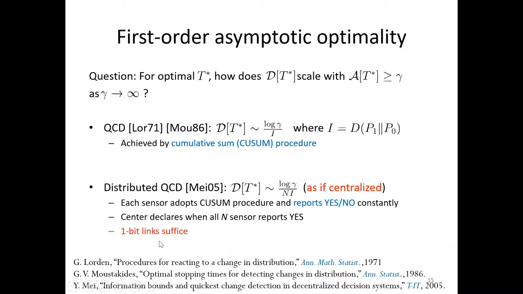That means the bandwidth constraint for each sensor to the fusion center is just 1 bit. Here's how he does that.